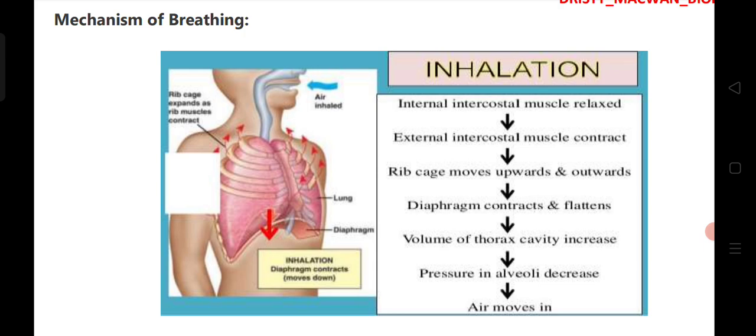So when inhalation occurs, the oxygen-rich air enters the lungs, and due to this the internal intercostal muscles get relaxed, and upon their relaxation, the external intercostal muscles get contracted.